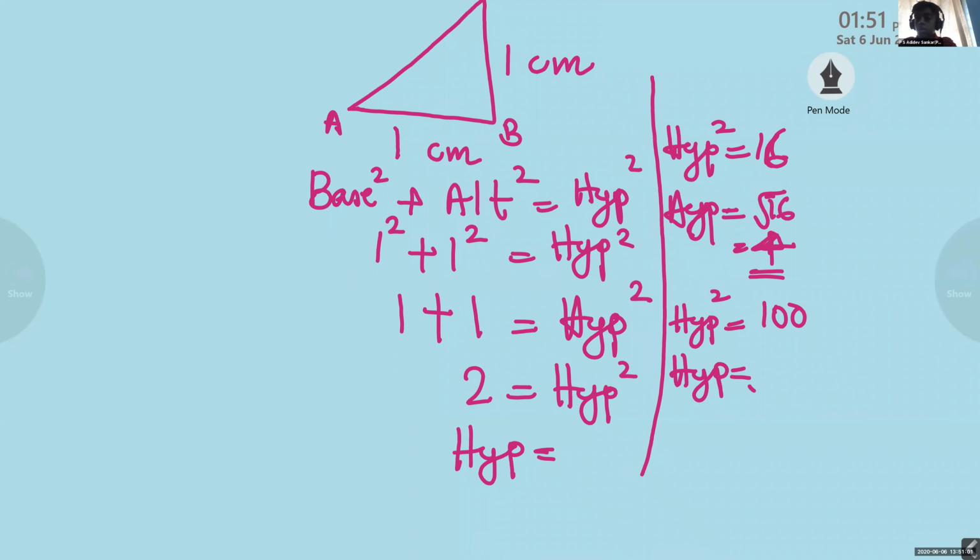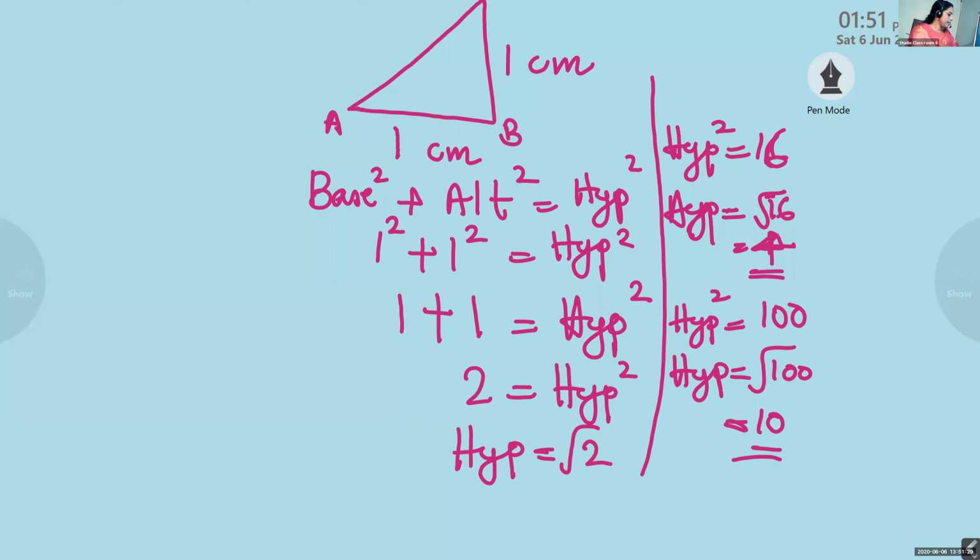You have to write root 100 equal to 10. Since root 100 has a special answer, you can write it as 10. Now you tell this. If hypotenuse square equal to 2, what is hypotenuse? Root 2. Very good, excellent. So if hypotenuse square equal to 2, hypotenuse equal to root 2.